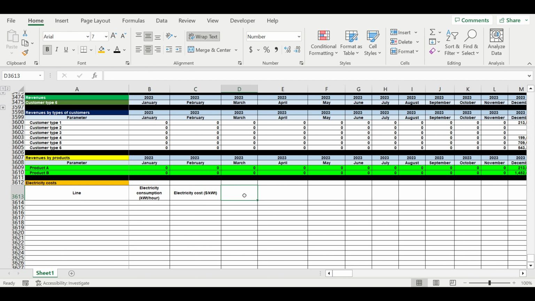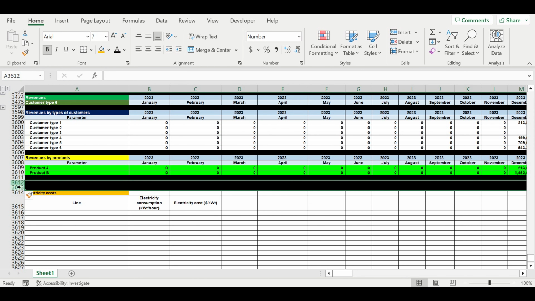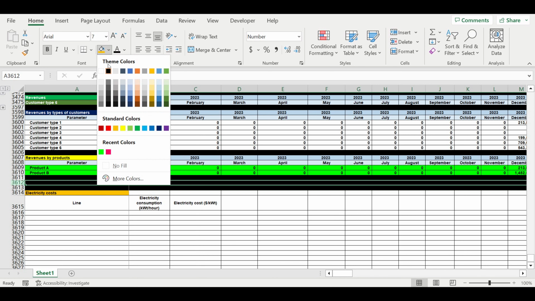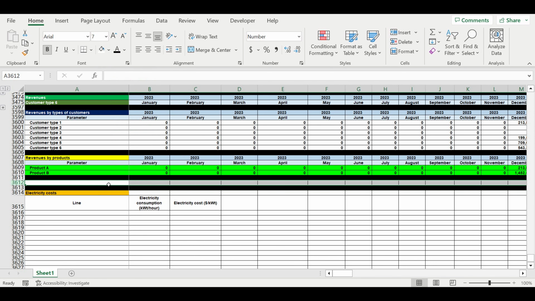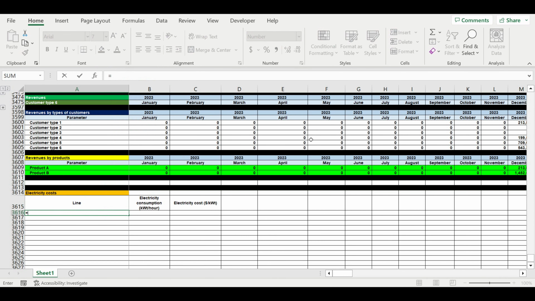Then here I will insert electricity. Okay, let's place it here.